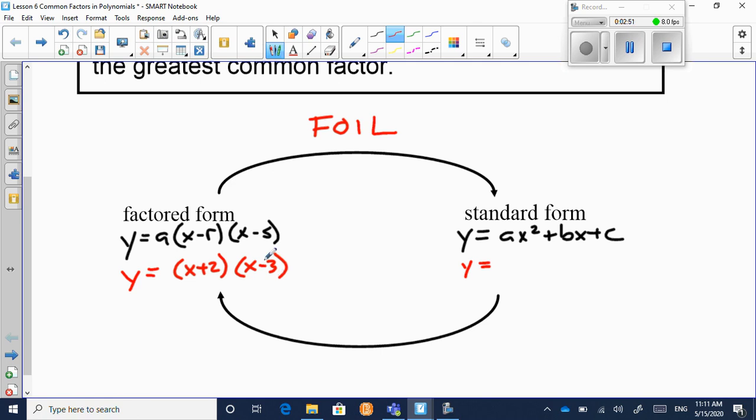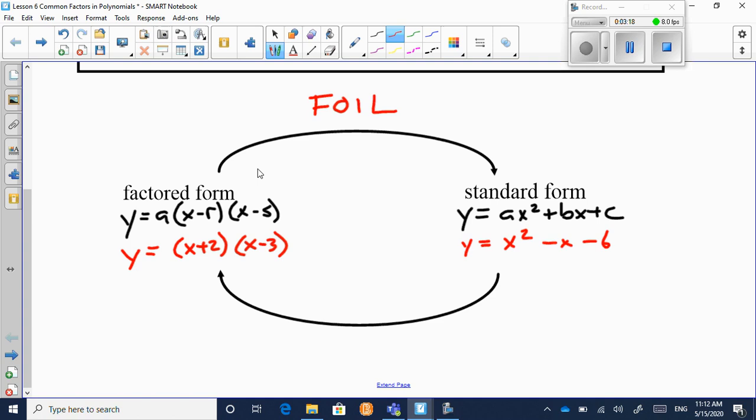That's the outer. 2 times x is the inner, and then 2 times negative 3. As a result, you'd get y is equal to x squared minus x minus 6. So those two parabolas are the same equation. They're just written in different forms. And we've learned that to go from factored form to standard form, we use something called FOIL.